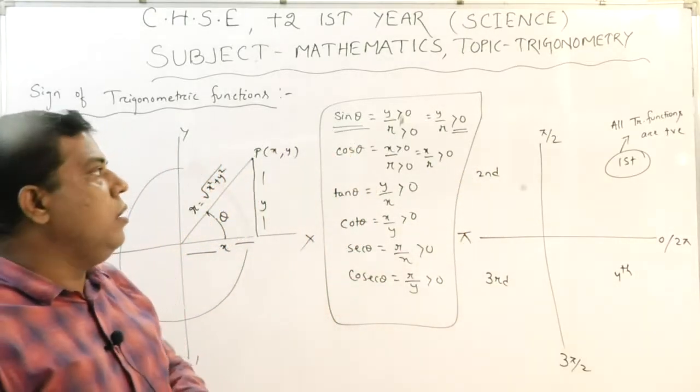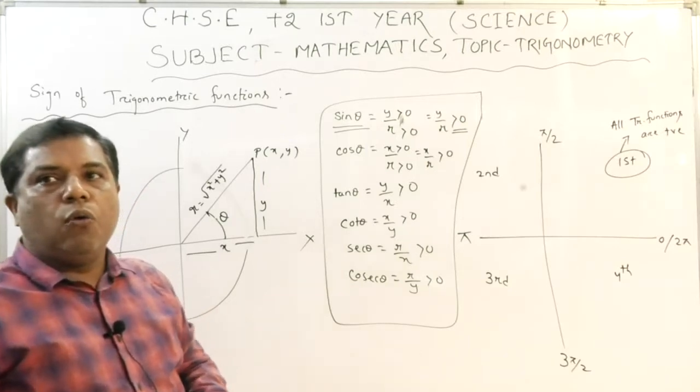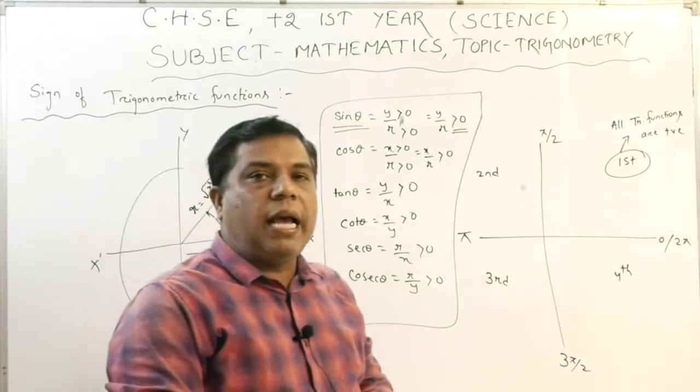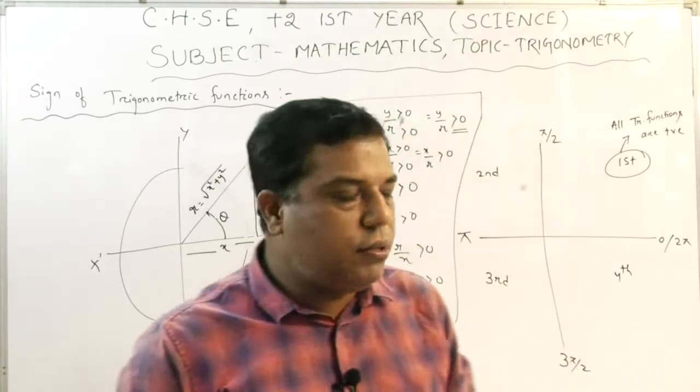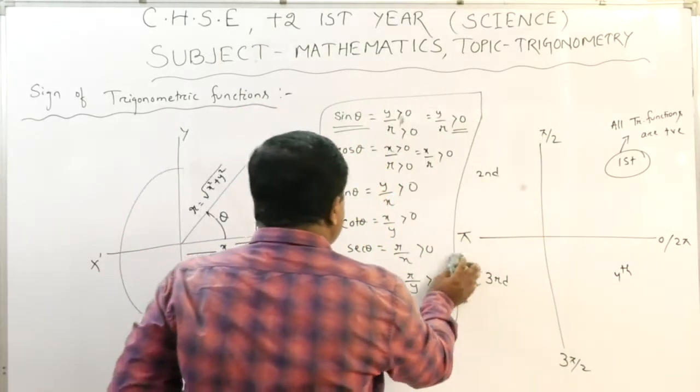Now we will move to the second quadrant and see what happens about the sign of trigonometric ratios in the second quadrant.